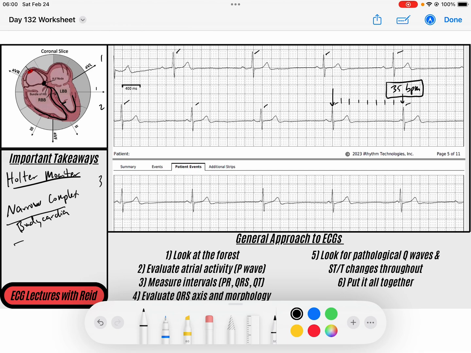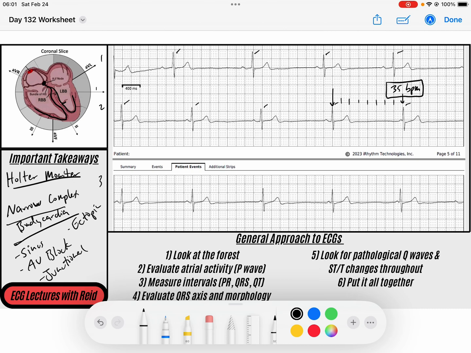So we could have a sinus bradycardia, we could have AV block, we could have a junctional rhythm. There's really not a whole lot on our differential. Maybe ectopic, maybe this could be an ectopic bradycardia.